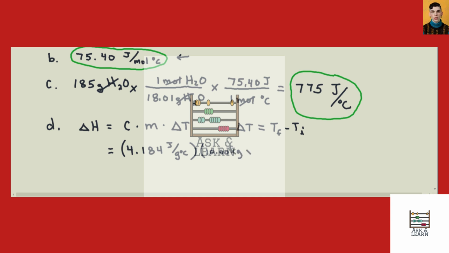Since our specific heat is in grams, I want to convert this to grams. There are 1,000 grams in a kilogram, so I need to multiply by 1,000. And then finally, our change in temperature, our final temperature that we want to raise this to is 46.2 degrees Celsius. We started at 24.6 degrees Celsius. This gives us a difference of 21.6 degrees.